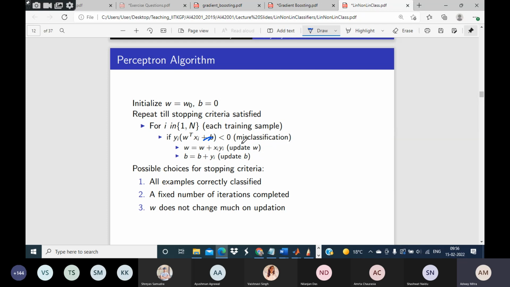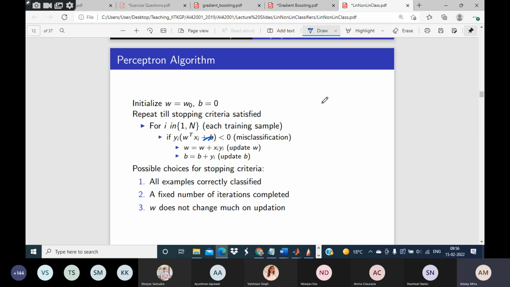Whenever there is a misclassification, you update your w according to the following rule. w is a vector you already have, a d+1 dimensional vector. You just add the corresponding feature values multiplied by their label. So yi, remember, will be either +1 or -1.